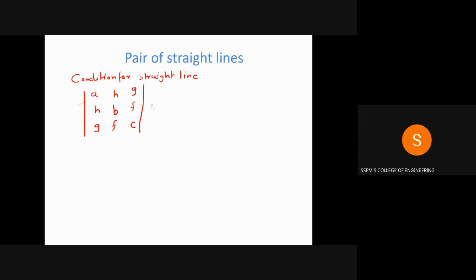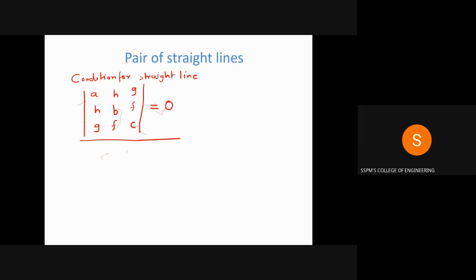It is a symmetric matrix, and if this determinant is equal to 0, then the given equation is the equation of a pair of straight lines. You have to remember this.